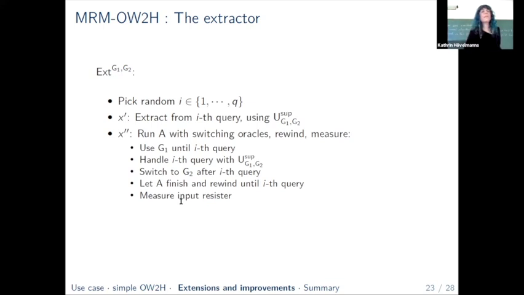And after A has finished and returned its guessing bit, A gets rewound. And there we use that the adversary can be described by unitaries. It is rewound until the ith query, and then we again measure the input register. And as the guessing set it will return those two values.